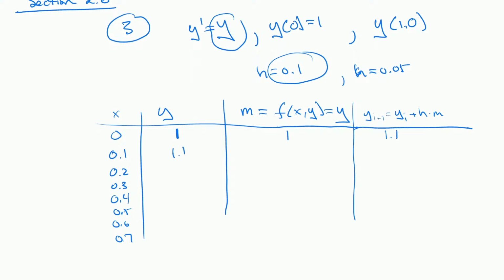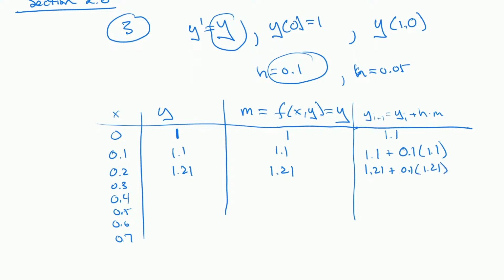Now I've got 1.1, and of course the slope is 1.1, so I do 1.1 plus 0.1 times the slope. Wow, this one's actually quite boring. 1.21 plus h times the slope.